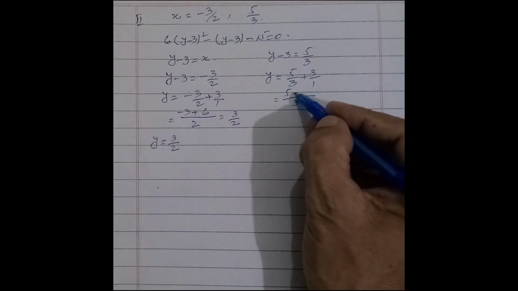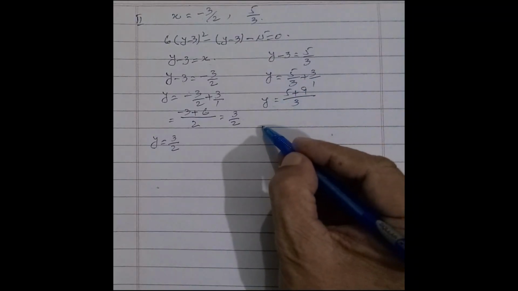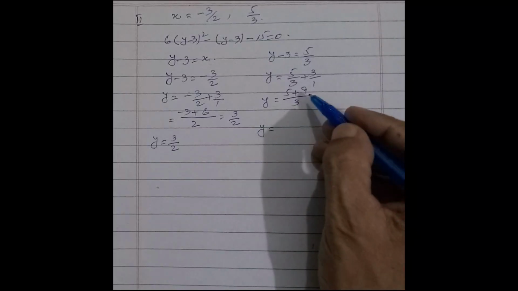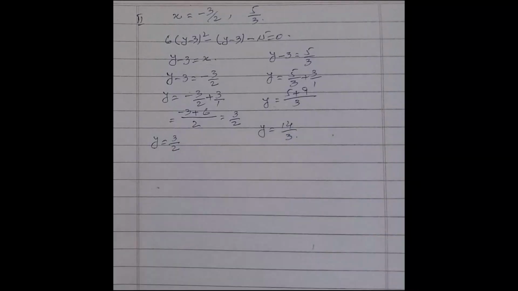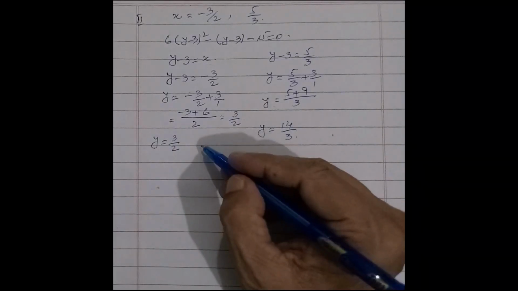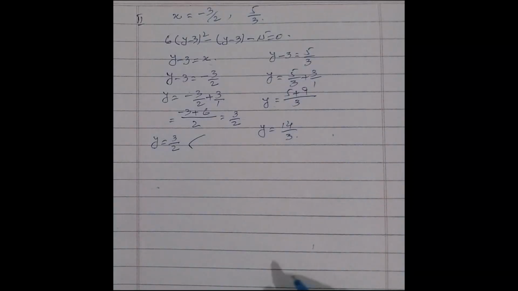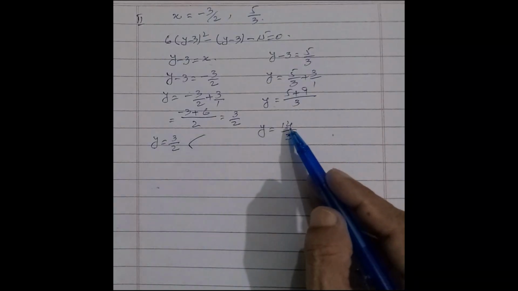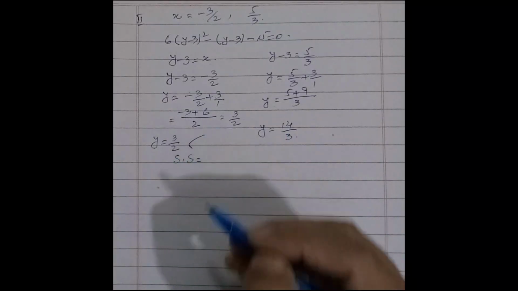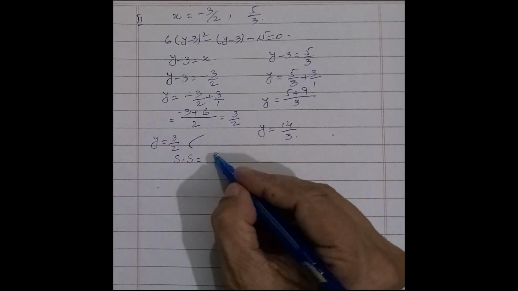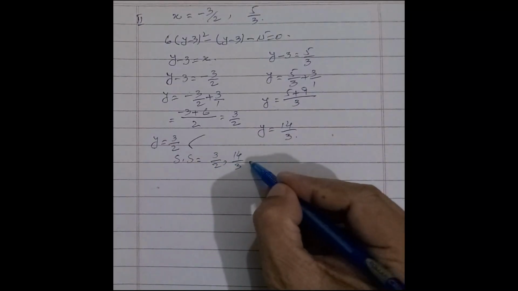The answer is 5 plus 3 threes are 9, so y is equal to 9 plus 5, which is 14 over 3. In part 2, the value of y is equal to 3 over 2 and 14 over 3. Hence the solution set in part 2 is 3 over 2 and 14 over 3.